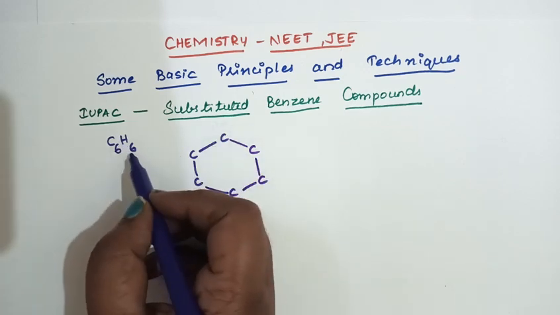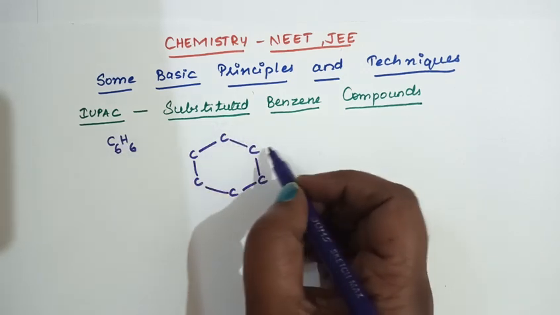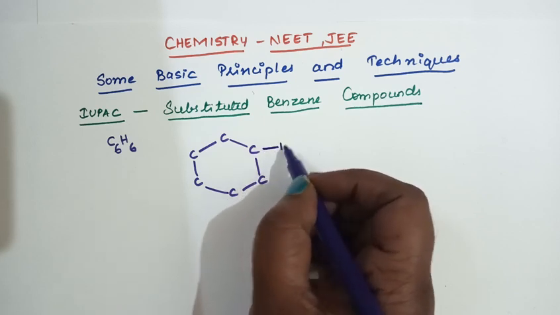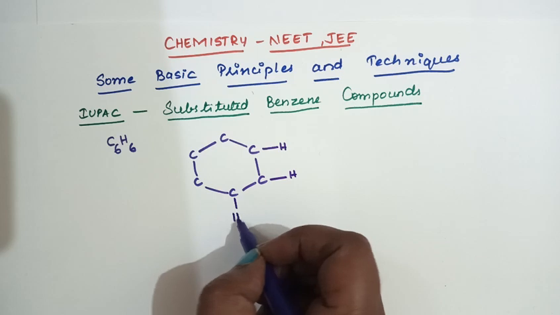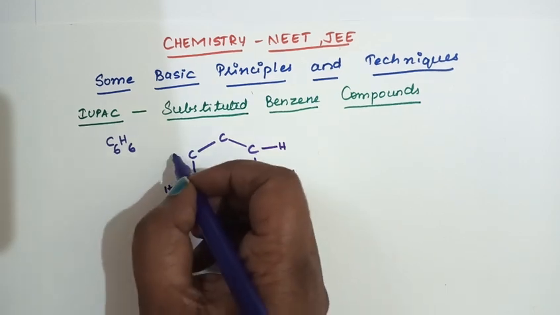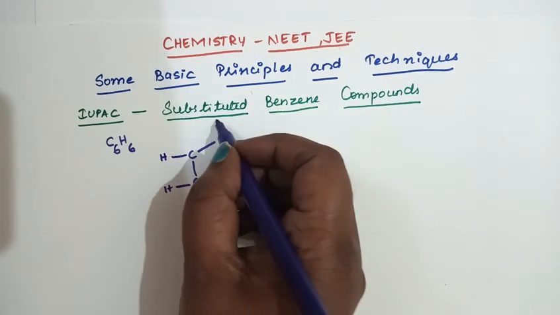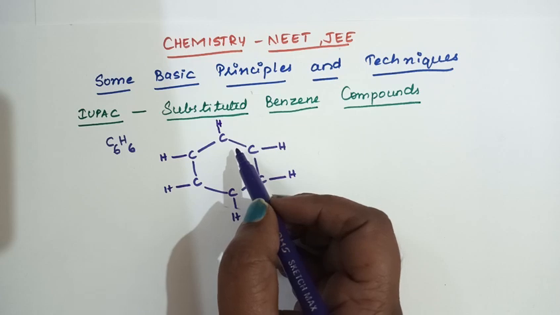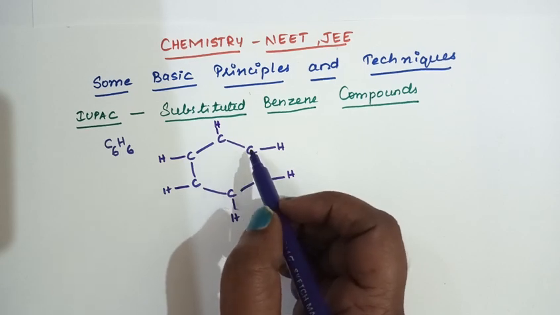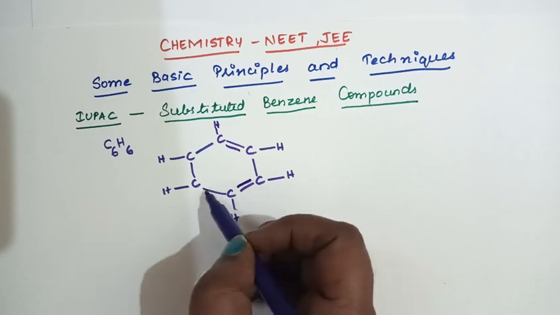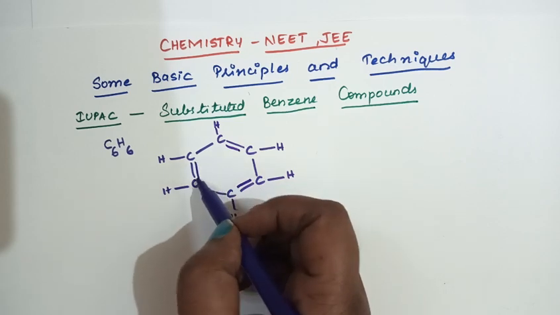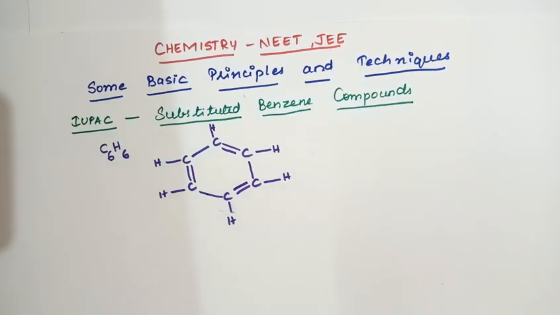How many hydrogen atoms are there? There are 6 hydrogen atoms. So each carbon will be attached to one hydrogen atom. And alternating double and single bond will be present. So double bond, single bond, double bond, single bond, double bond. So this is the structure of benzene.